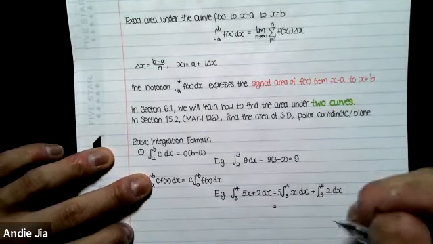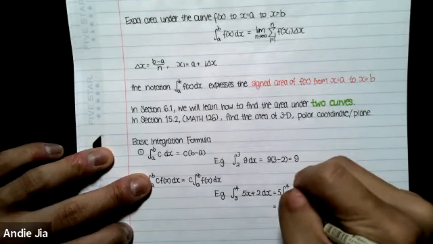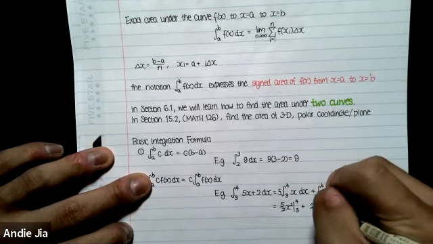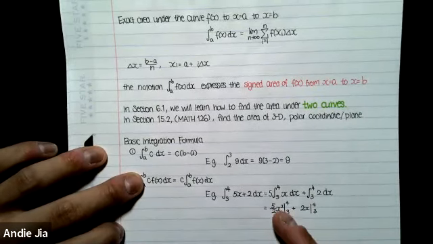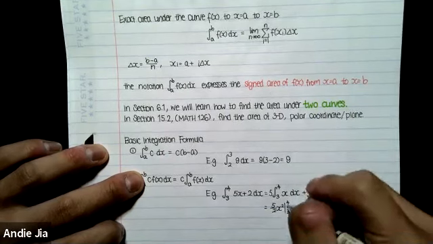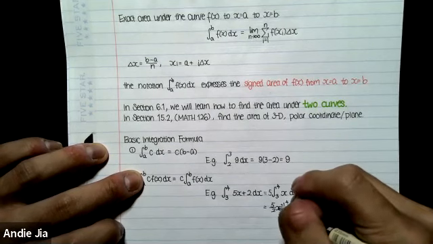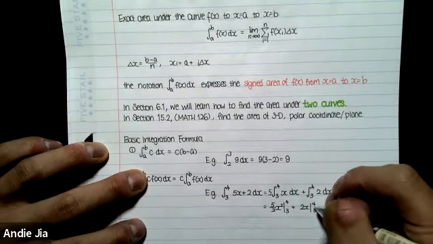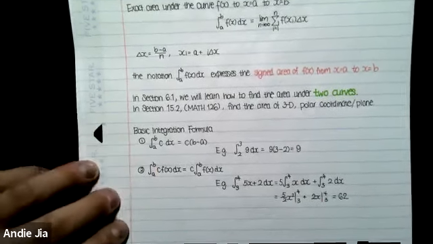We'll have 5 over 2 x squared, and we get 16 minus 80, minus 4 times 16... the area here.